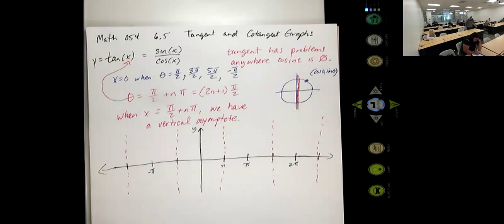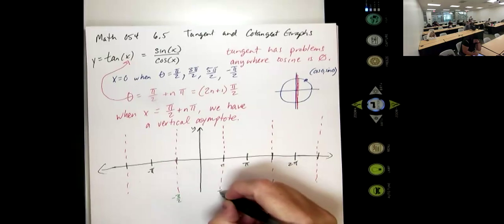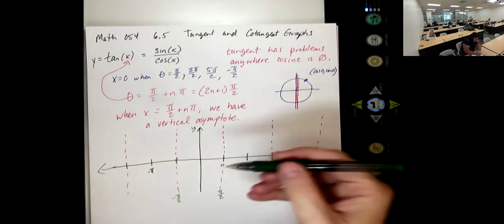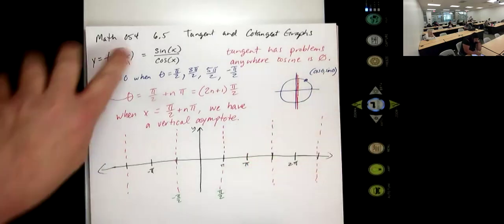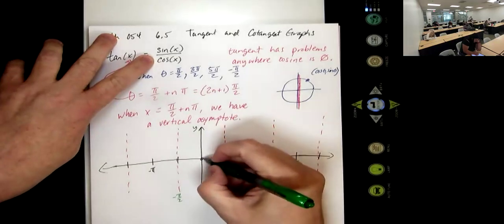And when we think about what we have, let's look at one range, like negative pi over 2 to pi over 2, because if we can get this range down, it'll repeat. So when we stick in zero, we have sine of zero over cosine zero, which is 0 over 1, so we have a 0.